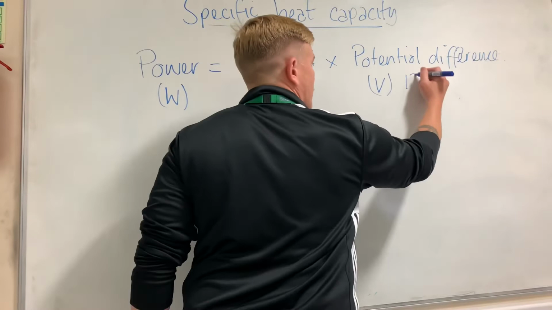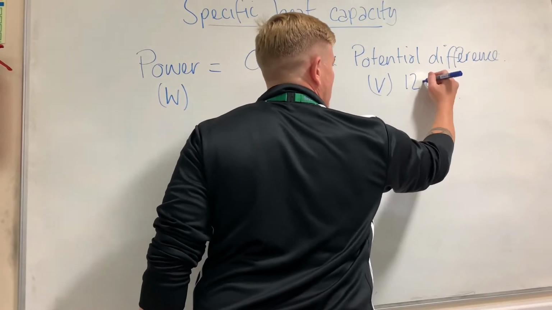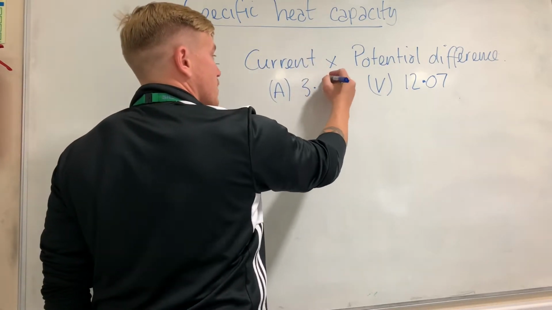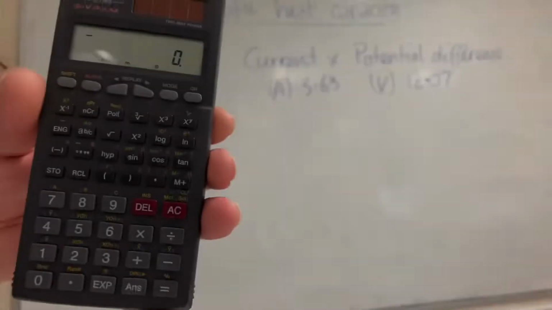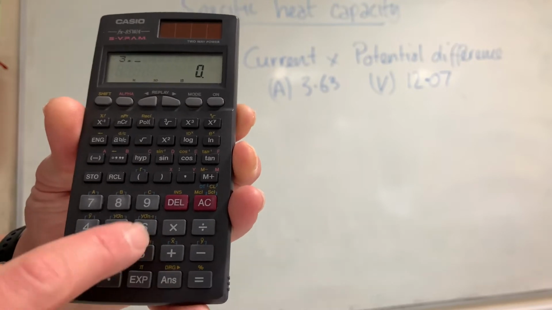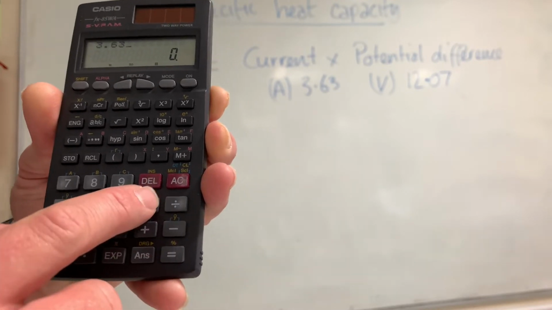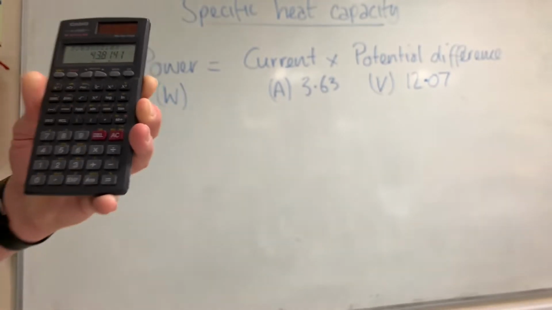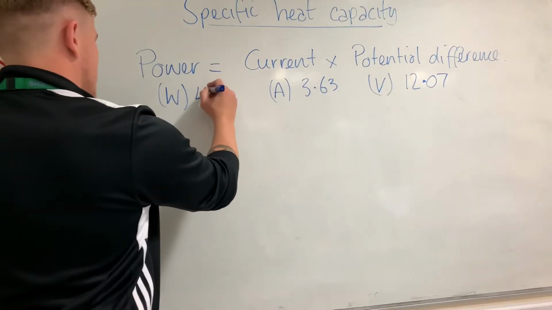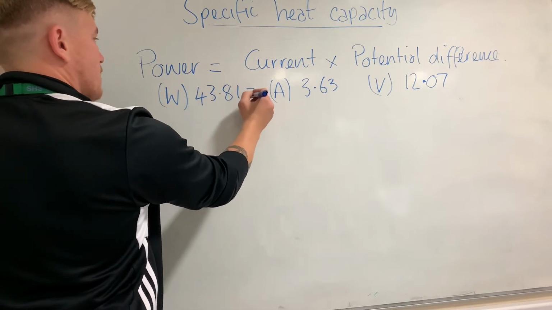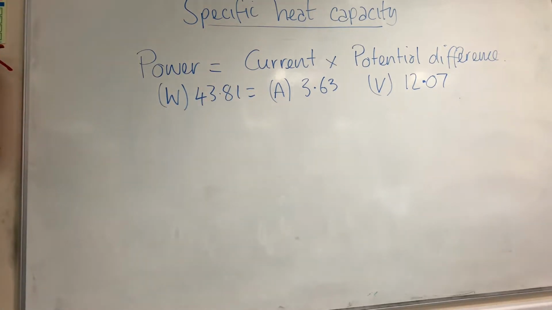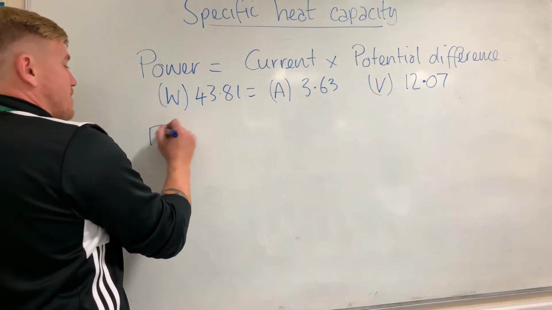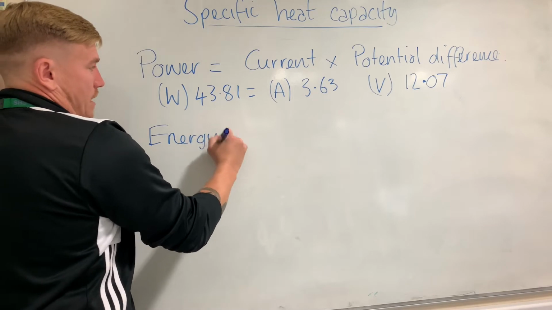So using the figures we recorded on the voltmeter, 12.07 volts, and the measurements we took on the ammeter of 3.63 amps, we can now calculate what our power will be. 43.81 watts.